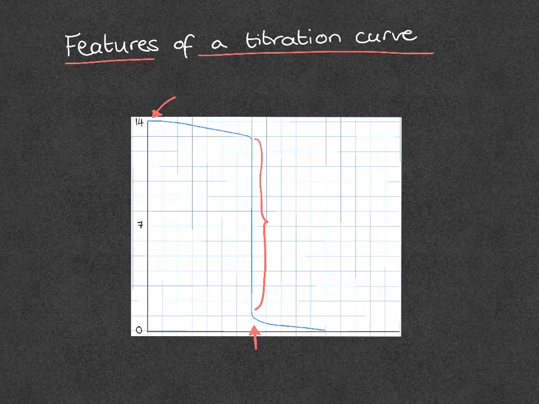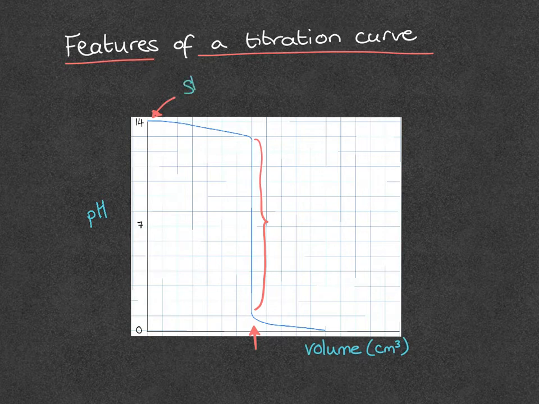Let's have a look at the general features of the titration curve. So you've got two axes, and your x-axis will be volume of whichever reagent is being added, and your y-axis is pH. And you will see from this one, at your 0 point of addition, it is at 14.